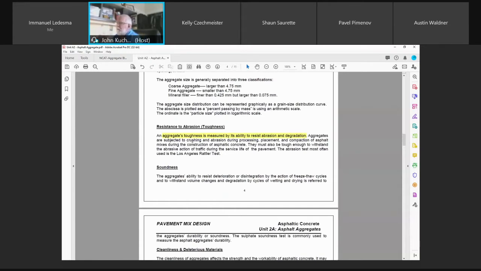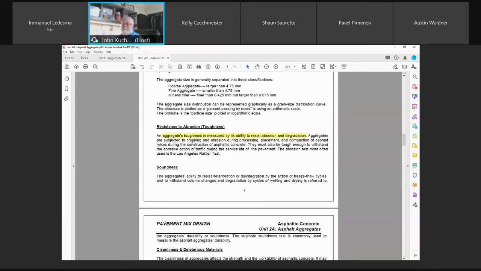Okay. Resistance to abrasion, toughness. Aggregate's toughness is measured by its ability to resist abrasion and degradation. You have abrasion from the processing of the aggregate, but you also have abrasion when you're compacting the hot mix and constructing the roadway. So you've got abrasion from the compaction, from the wheel loads, and then abrasion continuing from vehicular surface traffic.